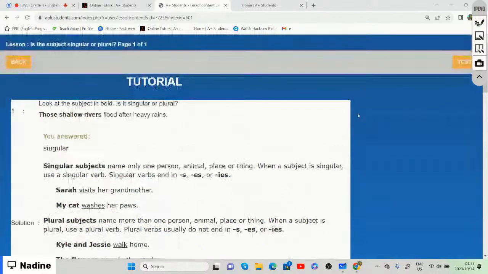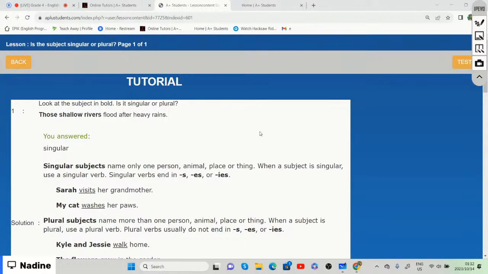All right. And remember, we say singular refers to one: either one person, one place, one animal, or one thing. And plural refers to more than one person, animal, place, or thing. When a subject is singular, we use a singular verb, and singular verbs end either in s, es, or ies.